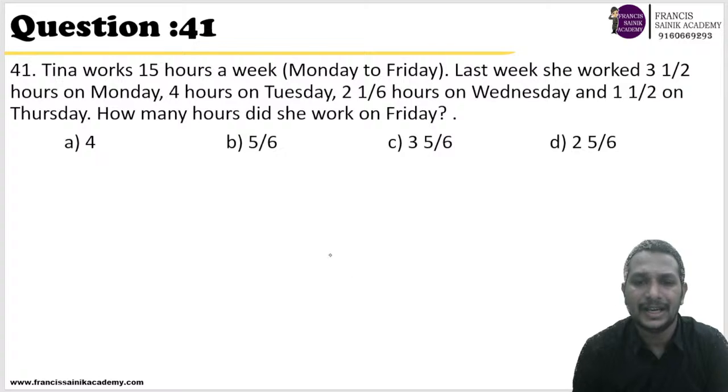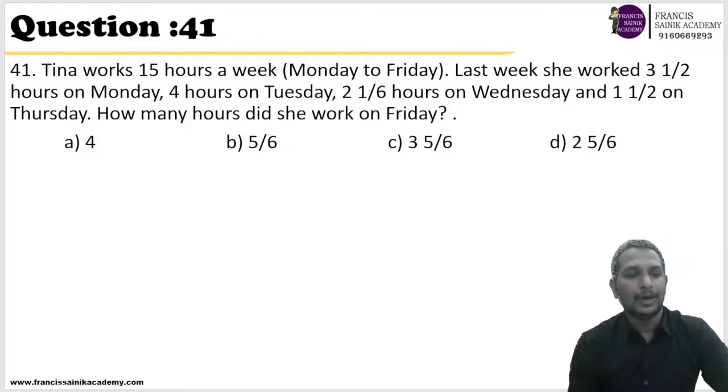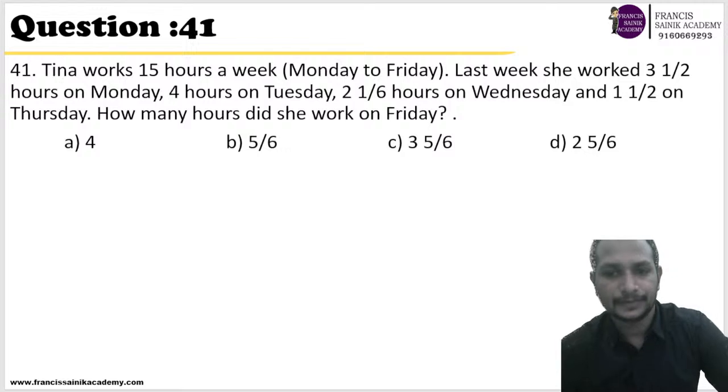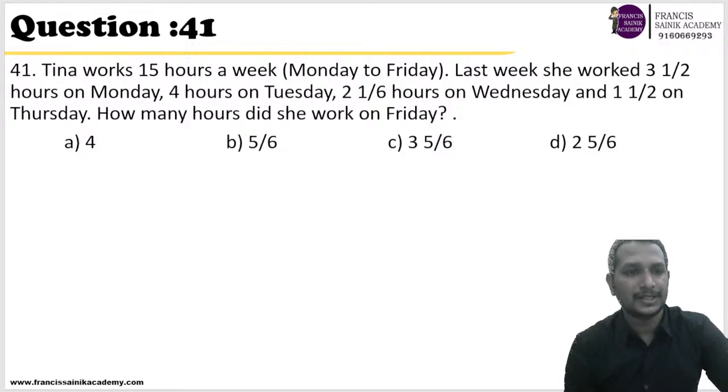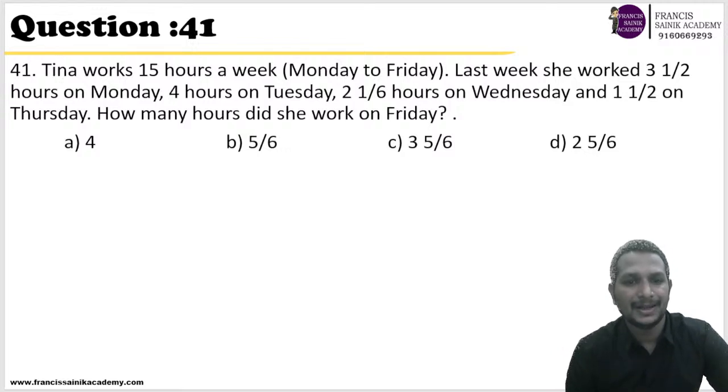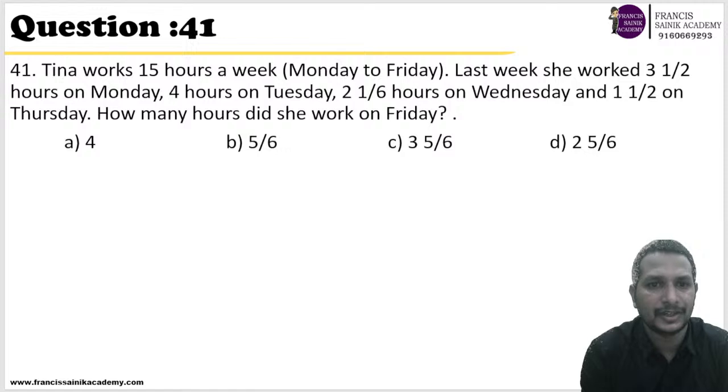Nora works 15 hours a week, Monday to Friday. Last week she worked 3 1/2 hours on Monday, 4 hours on Tuesday, 2 1/6 hours on Wednesday, 1 1/2 hours on Thursday. How many hours did she work on Friday? Different times, right? So let's check for each day.